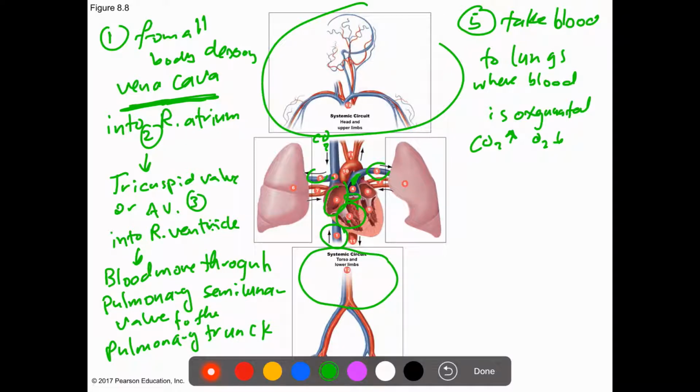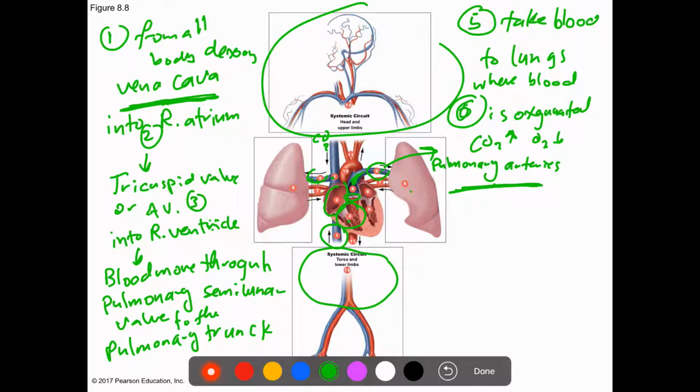That is happening in the lungs. That is number 6. I forgot to mention that these blood vessels, number 5, are called the pulmonary arteries. They are taking the deoxygenated blood toward the lungs.